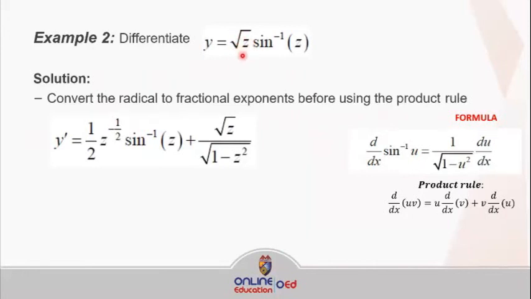Itong square root of z is equivalent lang naman siya sa z to the 1 half natin. So kaya tayo dito we have yung 1 half z and then yung application ng power rule natin which is ito. And for the sine natin as is lang naman to, so inverse sine z. And for the derivative, ito is naka-simplified na siya. And for the derivation ng inverse sine z natin, ito siya.